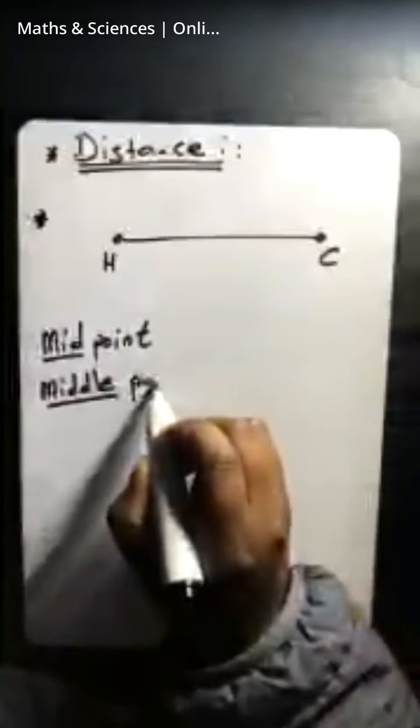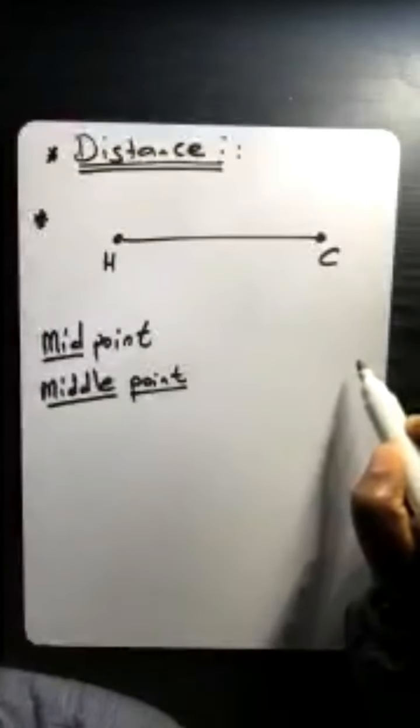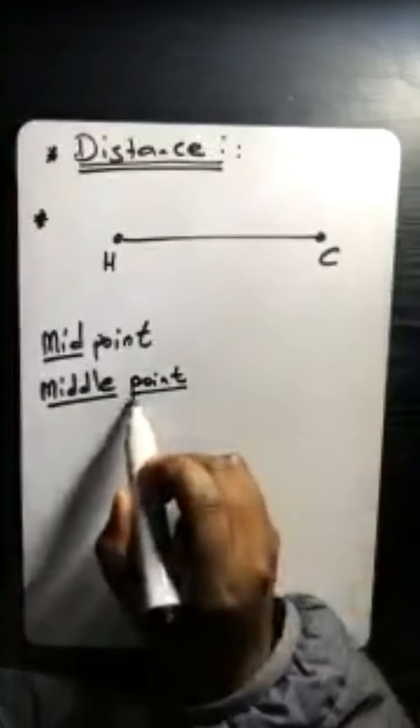So we are talking about the middle point. When something is in the middle, it has to be in the middle of two things. In this case, we're talking about points.